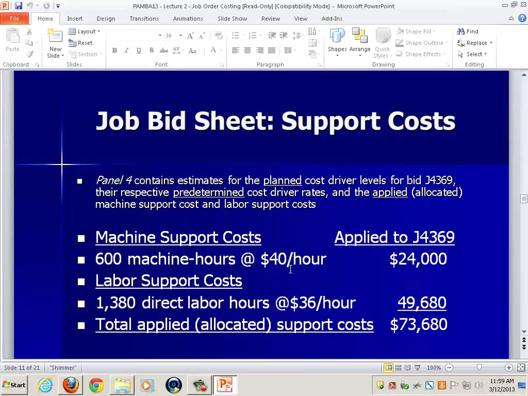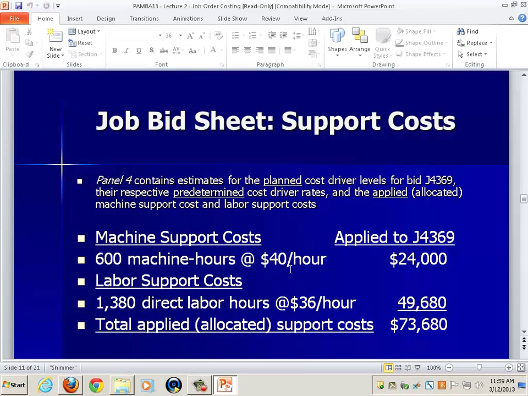Now we have to do also labor indirect costs. And the cost driver for the labor indirect cost in this case is assumed or chosen to be direct labor hours. And we estimated already 1,380 direct labor hours.